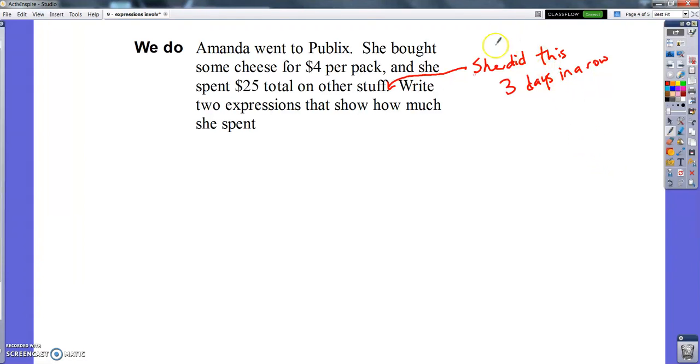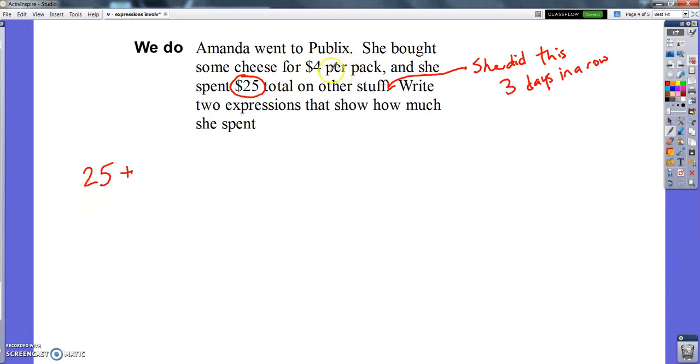So the first thing, I want to see how much she spent. So she spent $25 on other stuff. Notice I have a value there. There's no missing unknown value. I just know she spent $25 on some stuff. I'm going to skip the dollar sign for the expression. So she spent $25 plus some more.